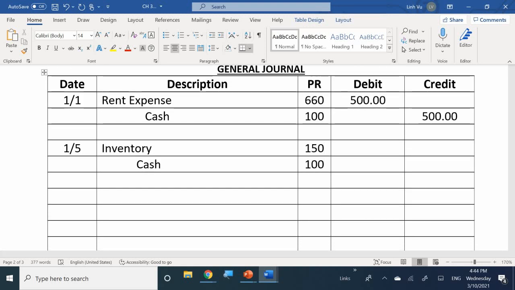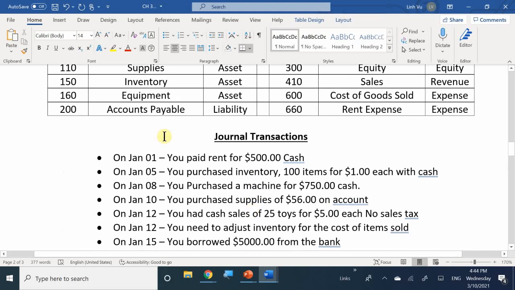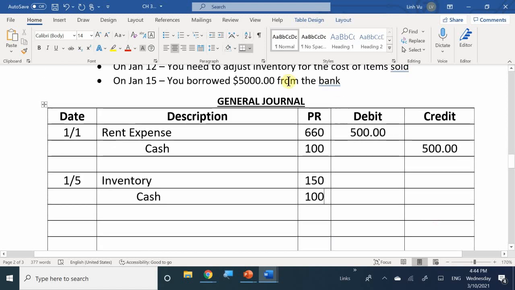I can look right above. Now let's determine: if I made a purchase of 100 items and they were $1 each, how much money did I actually spend? $100. You spent $100 to buy $100 worth of inventory.